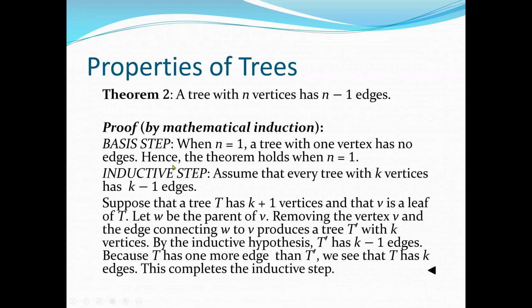Now, when n becomes 2, which means we have 2 vertices, we have 1 edge. If it's 3, we have 2 edges. And that's for a tree, because remember, we said all the vertices are connected, but there's no simple circuit. That means where we start from, we cannot end over there going through the edges.